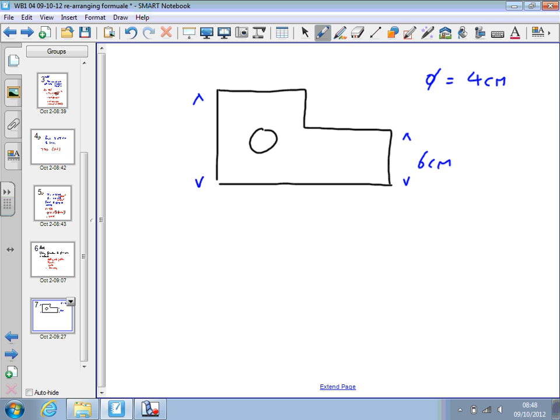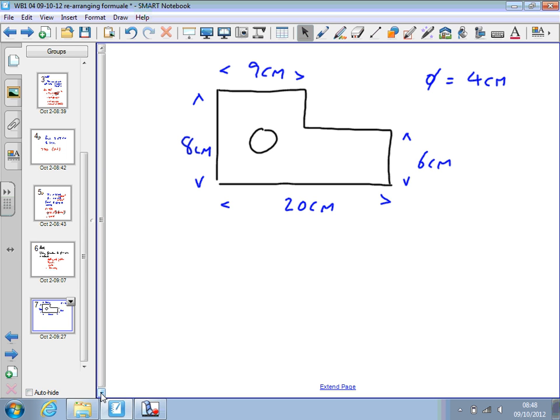This dimension is 8 centimeters. This dimension is 20 centimeters. And this dimension is 12 centimeters, say. Actually, it's a bit out of proportion there, isn't it? Let's make that 9 centimeters. And it looks a bit more right.